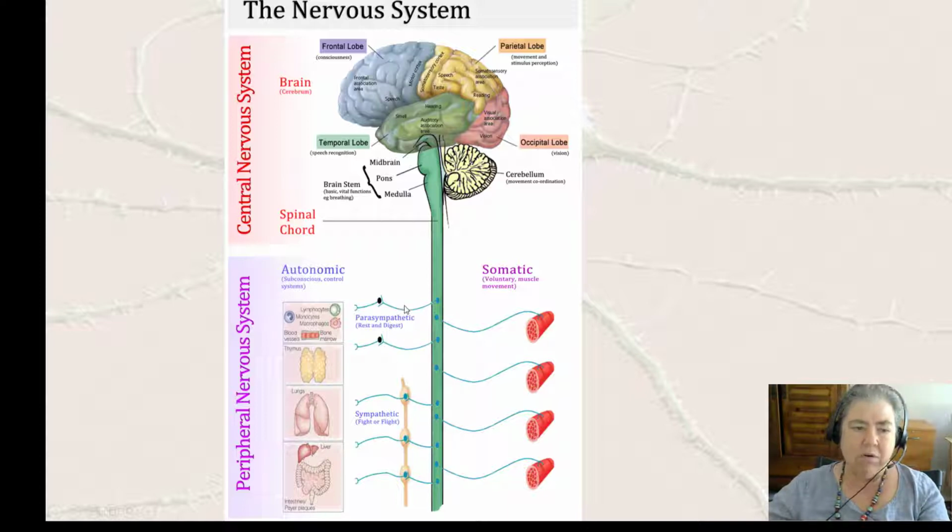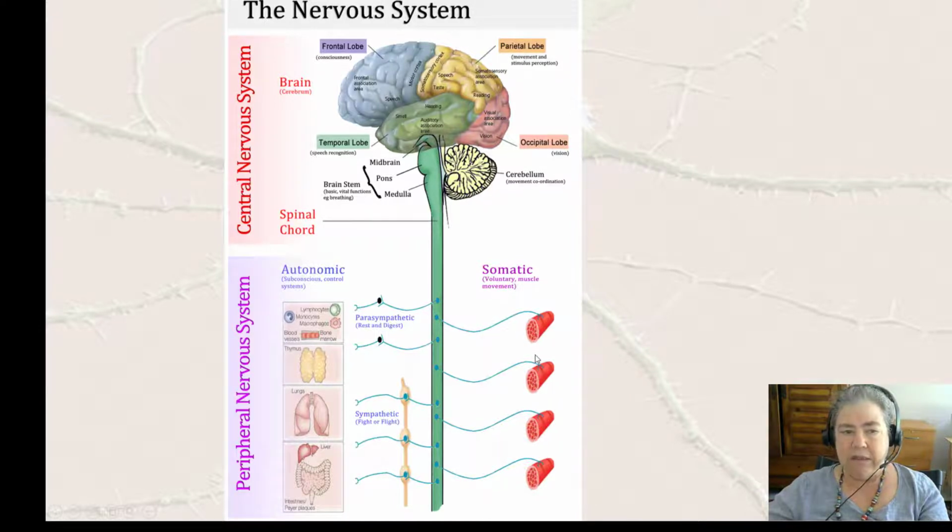In most cases, the parasympathetic cell bodies are further from the spinal cord, all of which are communicating with viscera, with organs and glands. And then there are motor signals that are going out to voluntary skeletal muscle.